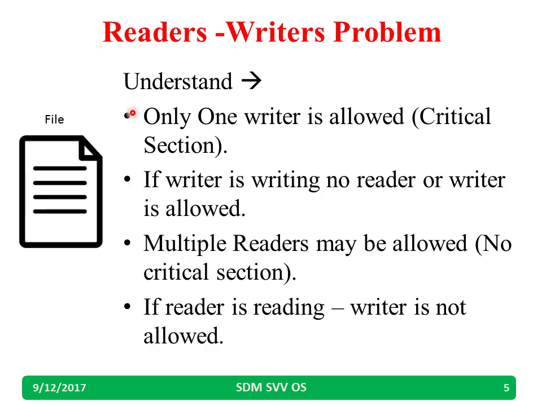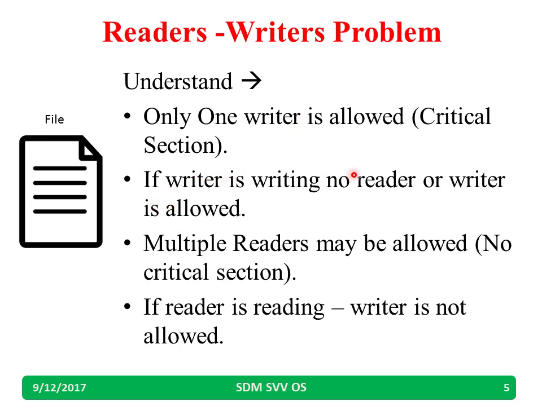Try to understand. Only one writer is allowed to enter the critical section. Even in general, two persons cannot write in a notebook at the same time, but more than two persons can read from the notebook. Use your common sense and try to understand.